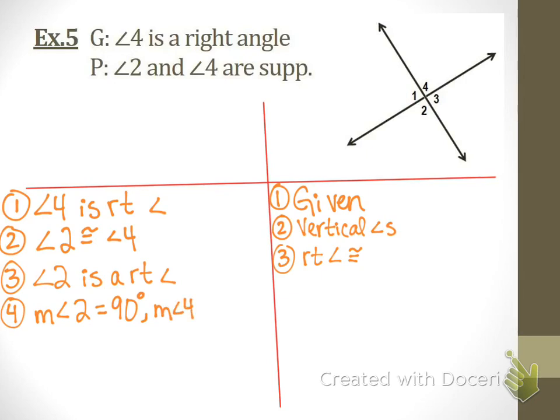Measure angle 4 equals 90 degrees. If you want to make that 2 separate steps, you can. But I would just put them on the same step because it is the same reason. How do we know that? Definition of a right angle.